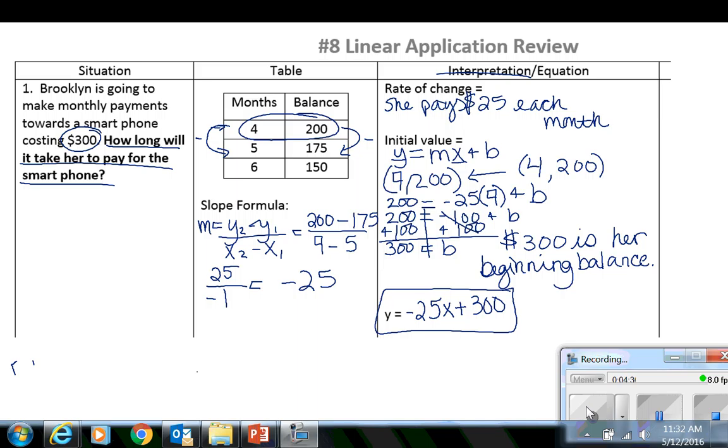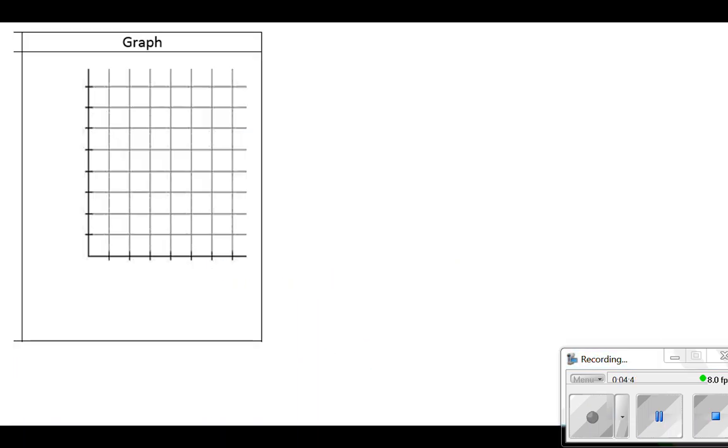Now let's go to the next part, which is going to be the graph. On the graph, I'm going to write the equation we have, negative 25x plus 300, because I need to find out what I need to label on my graph.